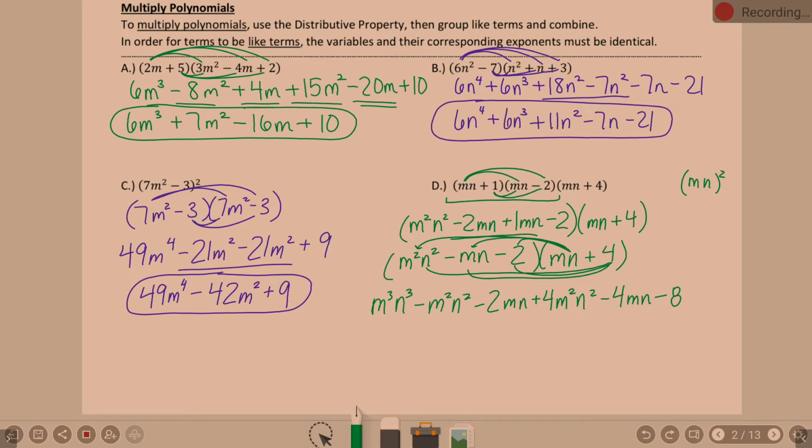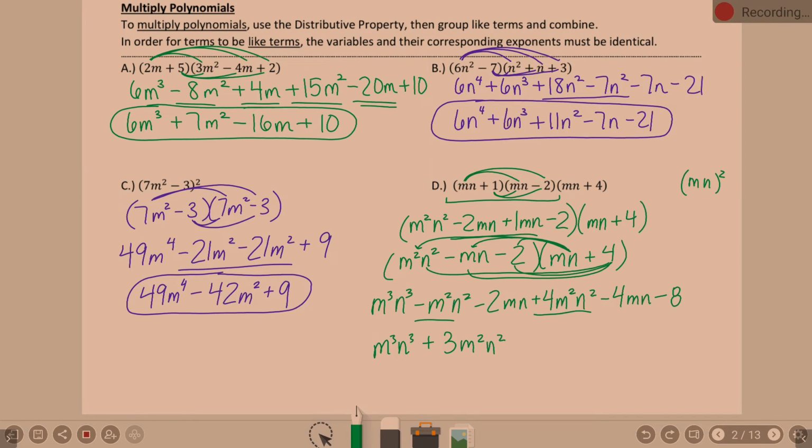Okay, almost there, almost there. Clean up. m cubed n cubed carries down. And then minus 1 plus 4 is plus 3 m squared n squared.